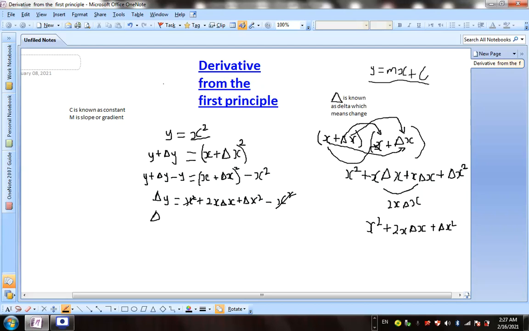So we have dy is equal to 2x dx plus dx squared.